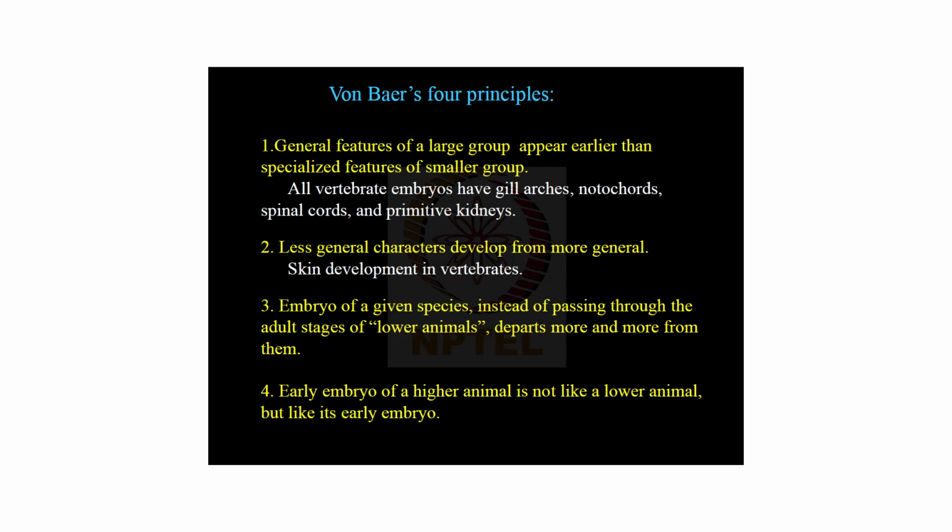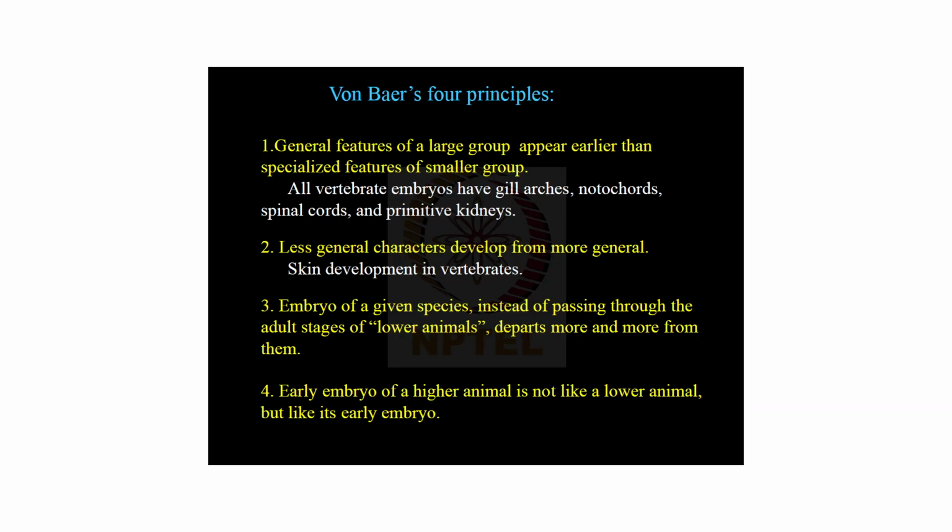Now there are four important principles of developmental biology proposed by von Baer. And what did he say? The general features of a large group appear earlier than the specialized features of a smaller group. So all vertebrate embryos have gill arches, notochord, spinal cords, and primitive kidneys. These are present in all of them.